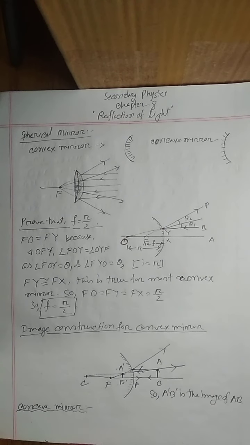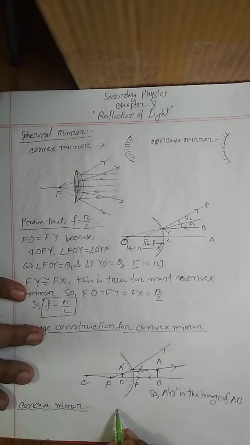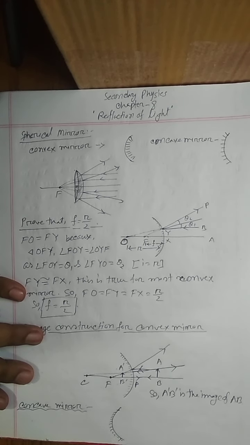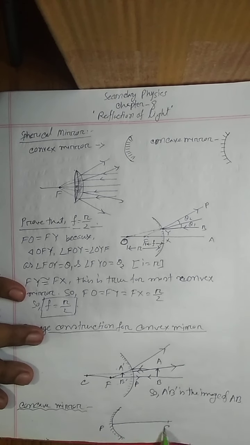If parallel rays are incident on a concave mirror, the light rays will converge at a point after reflection. This is a converging mirror, and this is our concave mirror. This is P. This is our center of curvature.